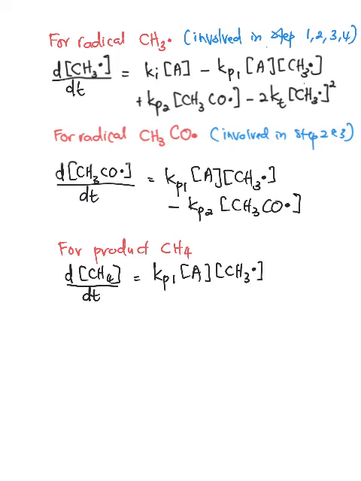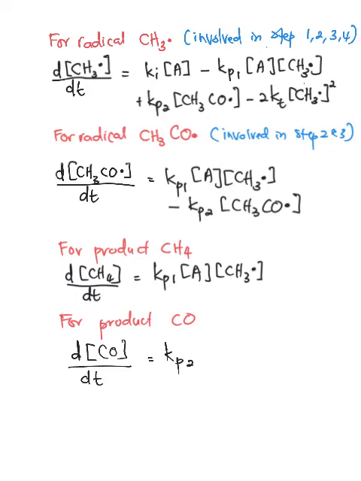And then finally for product CO, d[CO]/dt equals, CO appears only in step 3, so it equals k_P2 [CH3CO]. Alright, that's all the mass balances for all the active species.